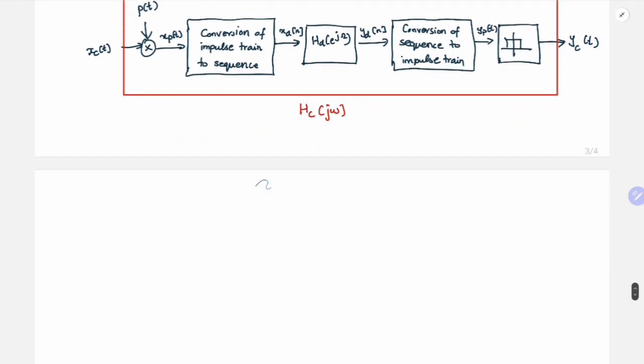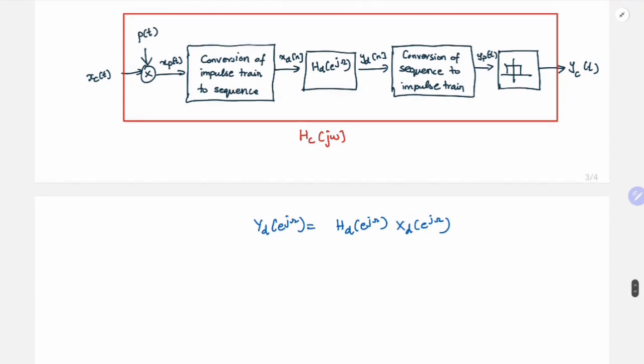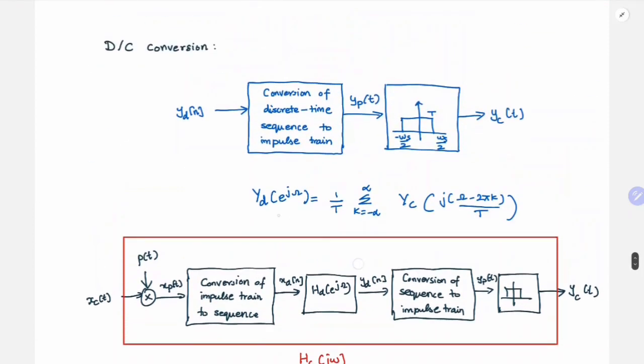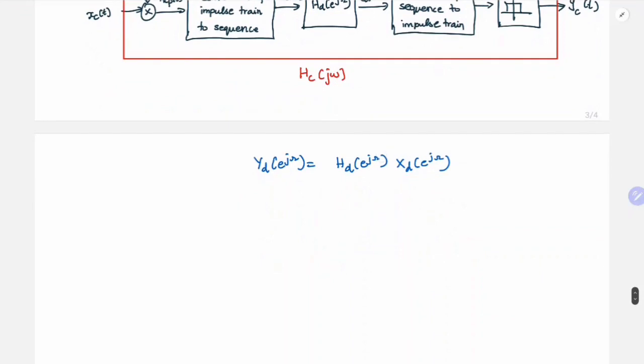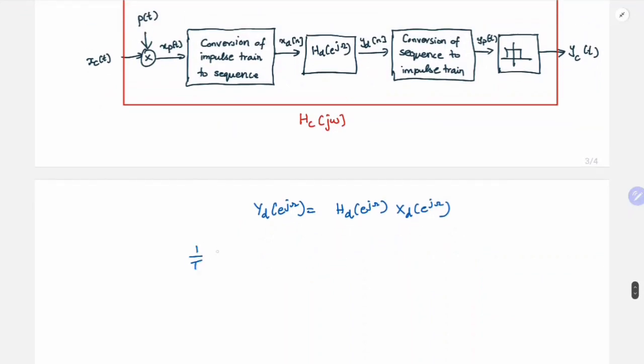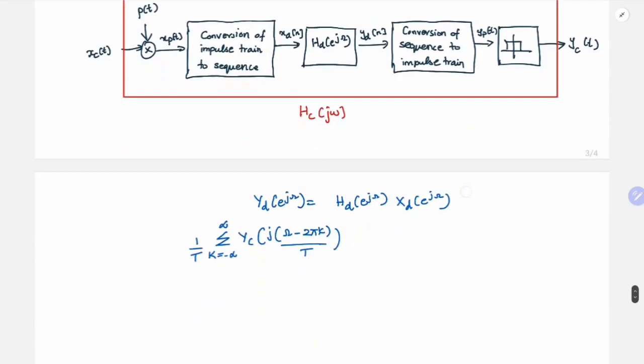So how do I do it? I know that Yd of e power j omega is equal to Hd of e power j omega into Xd of e power j omega. But I also know my relation between Yd, Xd and Yc of j omega and Xc of j omega. So then I'll write it like that: 1 by T summation k equal to minus infinity to infinity Yc of j into omega minus 2 pi k by T, right? That is the relation.